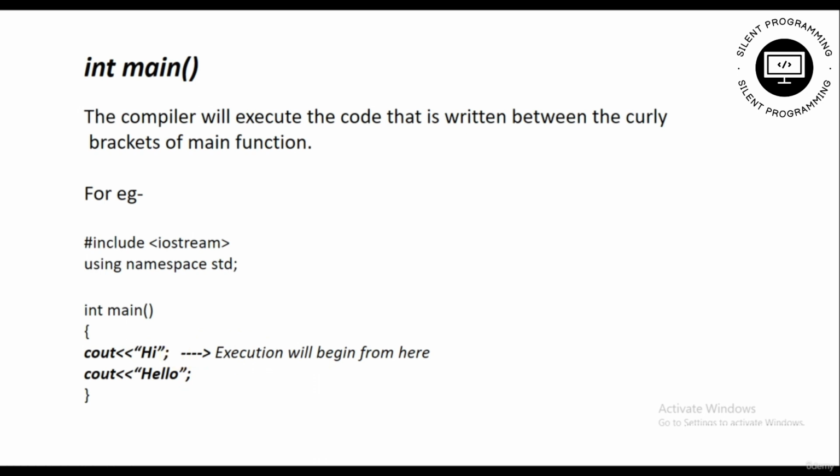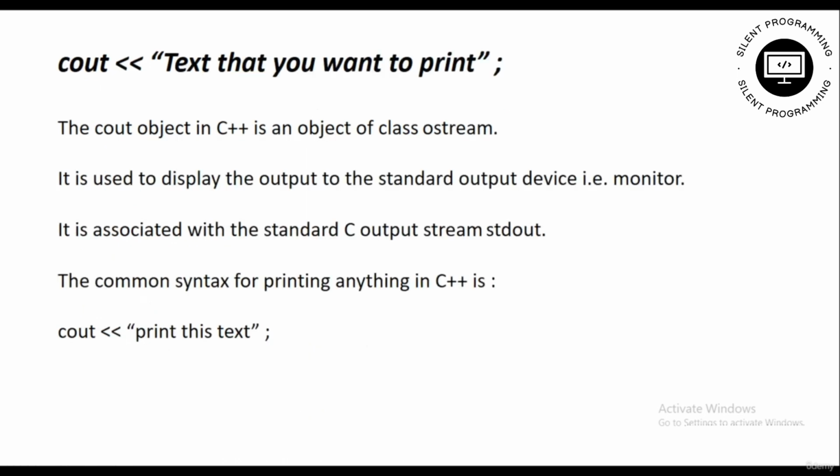For example, if I add one more line here, cout hello world, the output will be: first it will print hi, that's the first line of the main function, and then it will move to the next line, that's hello, and if I add the third line, then it will print hello world. So the important thing to note here is the execution of your code will begin from the first line of the main function. This is important to remember.